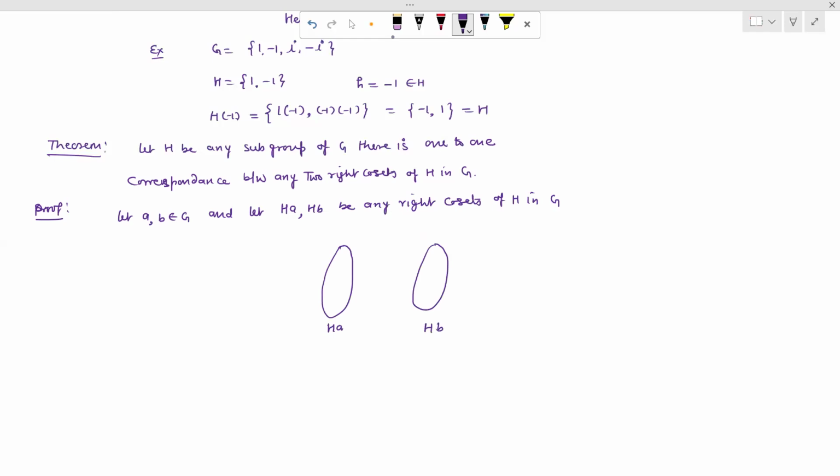So there is a mapping, and that mapping is one-to-one. Each element of set A is related to a unique element of set B. So this element is related to this element. So that is a one-to-one mapping.